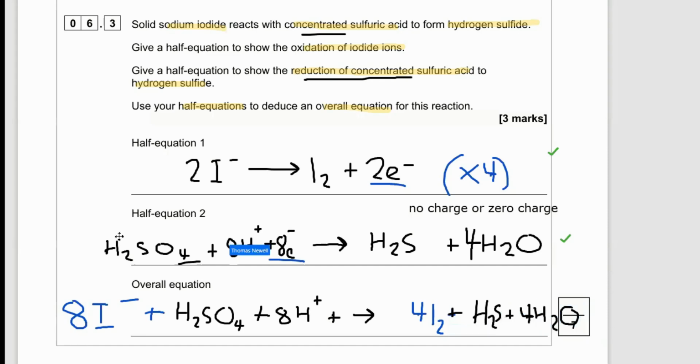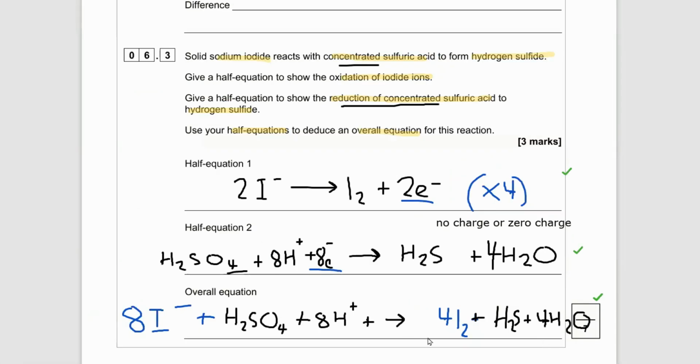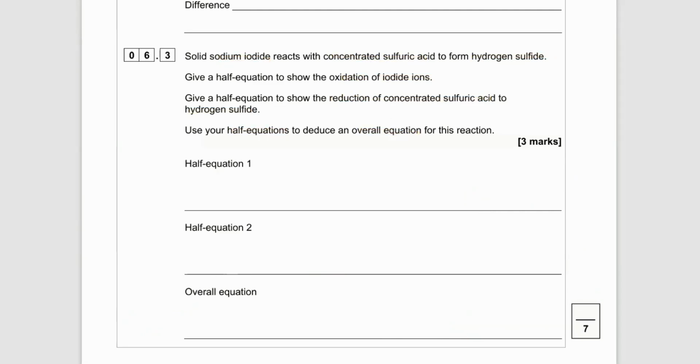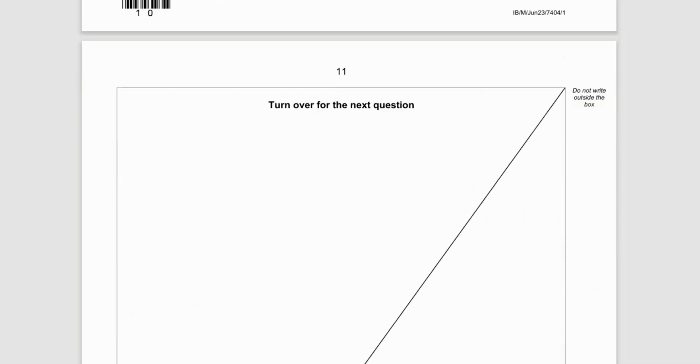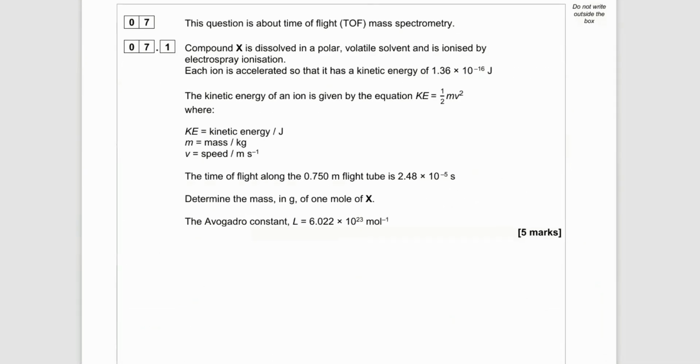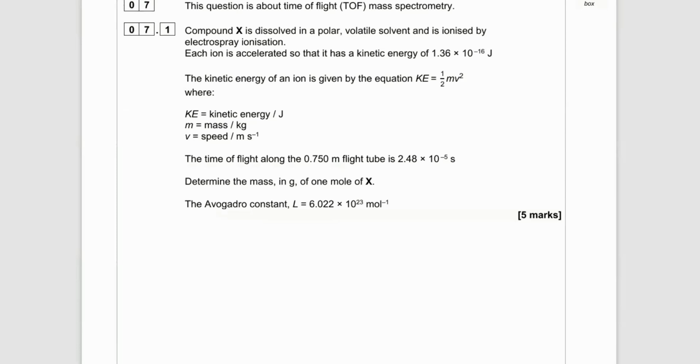And notice the charges are neutral. You know you've done it right if all your electric charges are balanced on either side. We've got 8 minus and 8 plus on the left, which is no charge, and we've got no charge on the right, so it's perfect. Always check those things when you're doing half equations and overall equations. Are they balanced in the number of atoms, but are they also balanced in the electric charge?